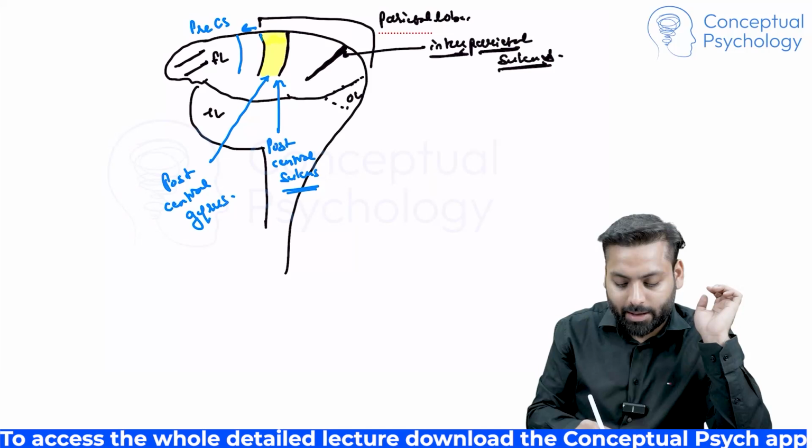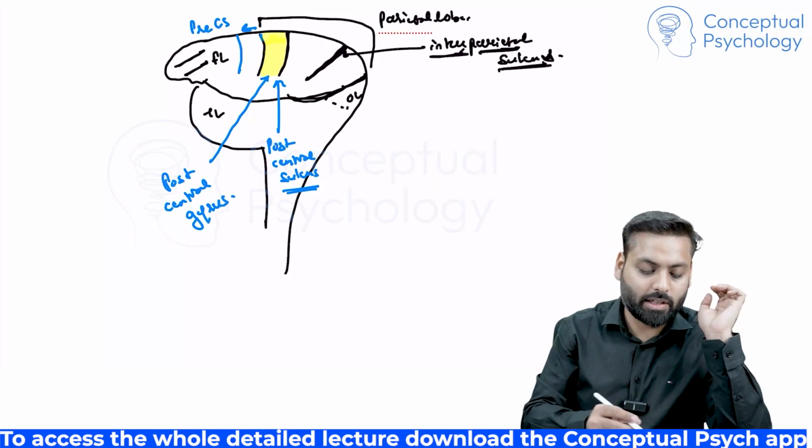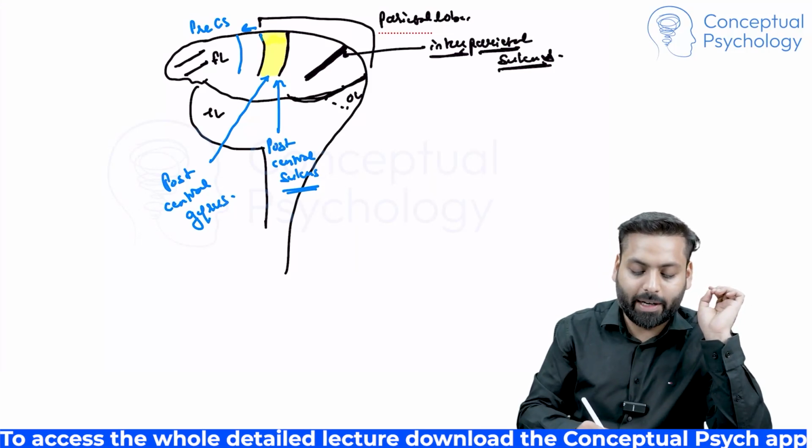Just for my understanding, I am drawing it like this so that we do not get confused. Okay, so we have what? We have the interparietal sulcus.